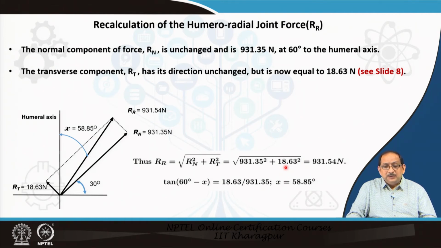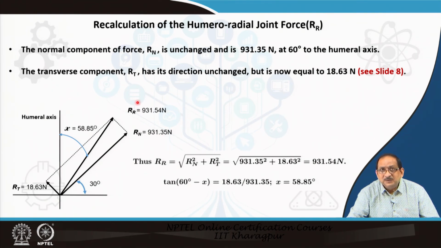Now, the normal component of the force Rn, as shown earlier in the figure, remains unchanged and is calculated as 931.35 Newton acting at an angle 60 degrees to the humeral axis. So, the normal component of the joint reaction force remains unchanged in direction and magnitude.